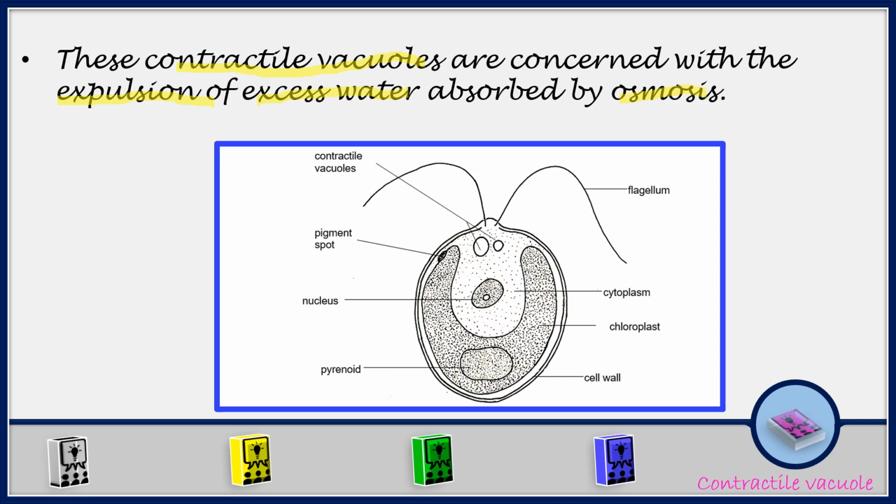The water absorbed by the Chlamydomonas by osmosis enters the contractile vacuole, and that water is expelled out of the cell.